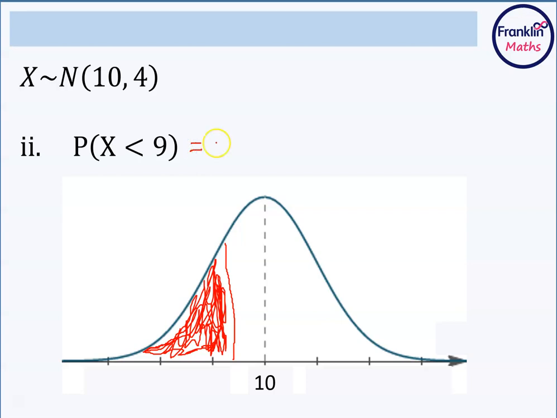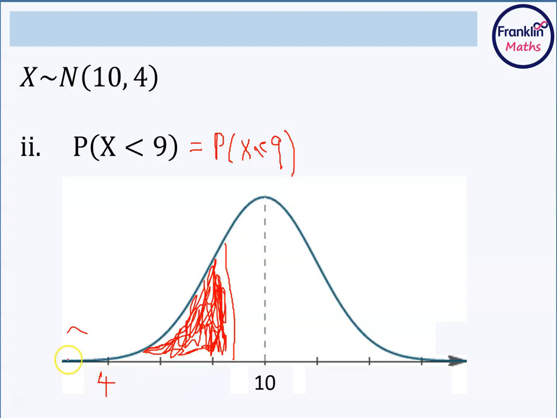So in this case here, this is the same as the probability of X is less than or equal to 9. Those two are equivalent, so it doesn't matter in your calculator what you write. You just need to have an upper, so let the upper be 9 and the lower can be something which is at least 3 standard deviations away from the mean, at least less than 4 there.